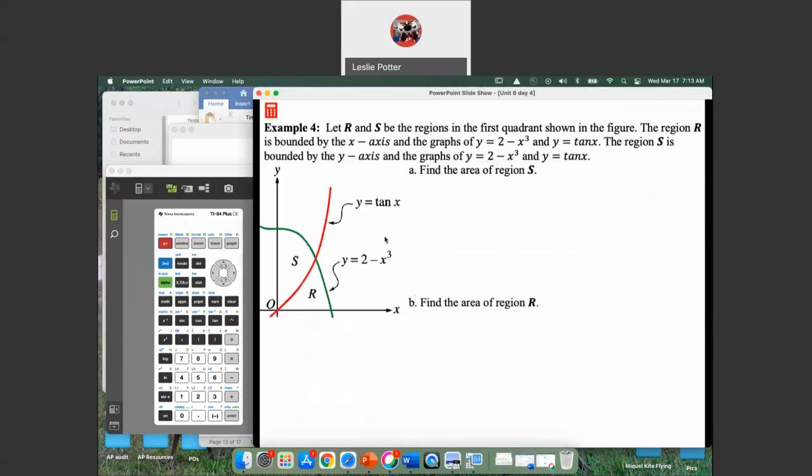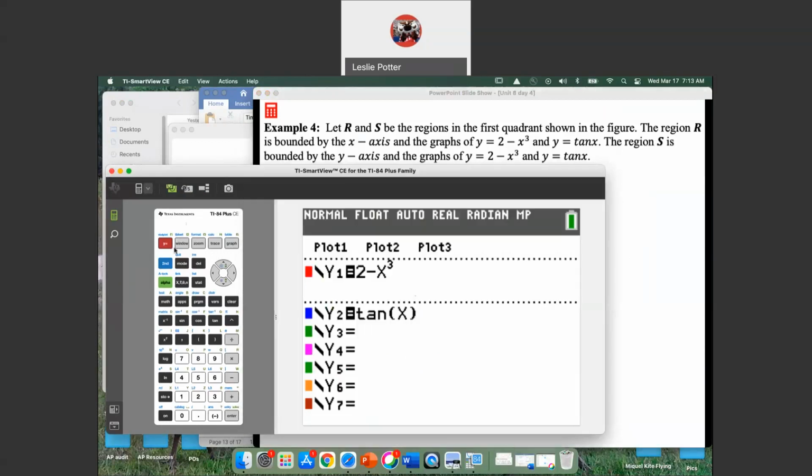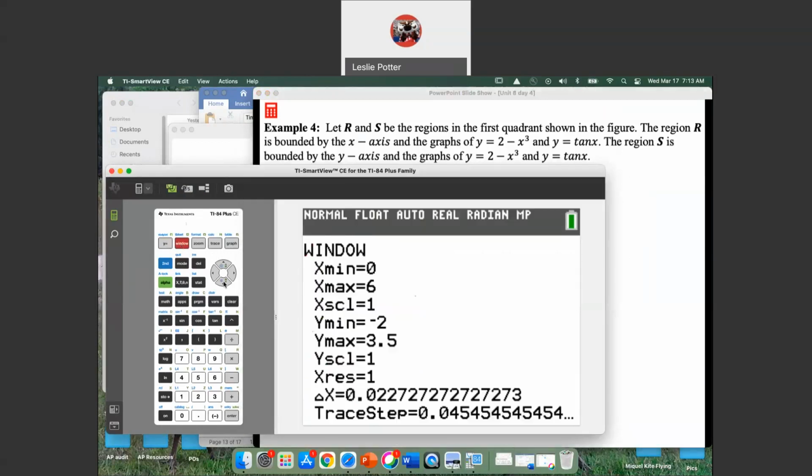This crosses at 2, so I'm going to come up here to maybe 3 and go out to 2. That's what I'm going to do for my window. My x min, I'll stay at 0, and I'll come out to 2. And my y min, I'll stay at 0, and my y max, what did I say, 3?